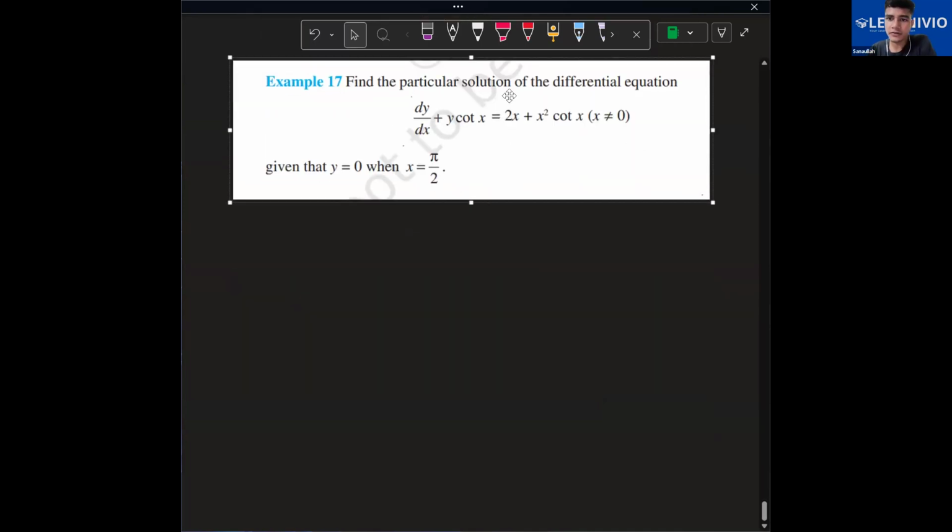In this, find the particular solution of the differential equation. This is the differential equation. Ali, how many arbitrary constants are there? 0. Okay, good. चलिए ठीक है, अब आपको समझ आ गया.